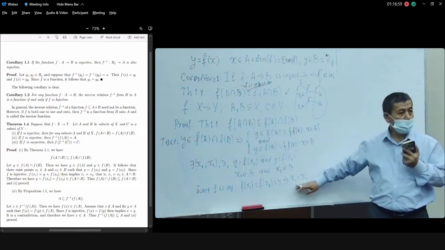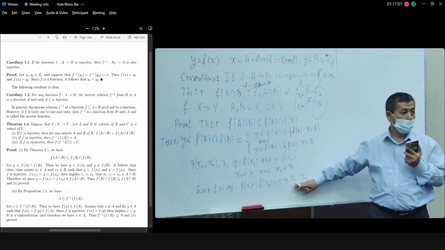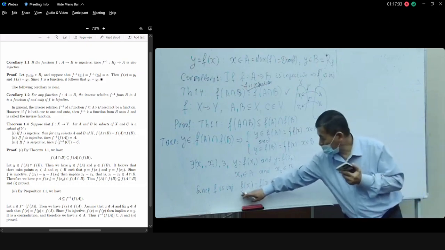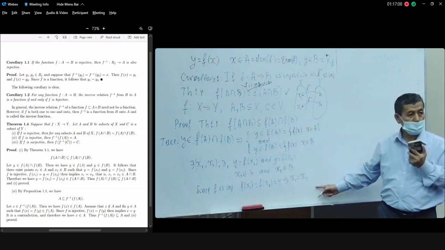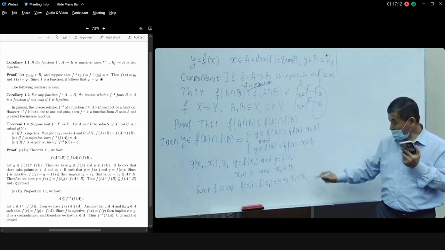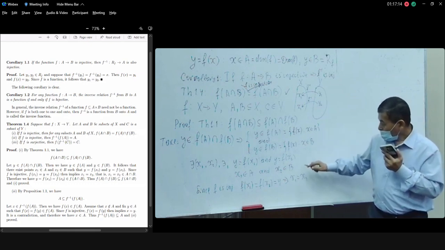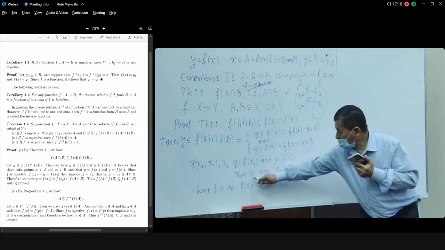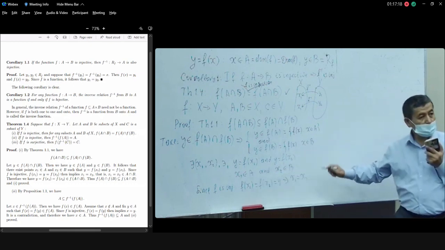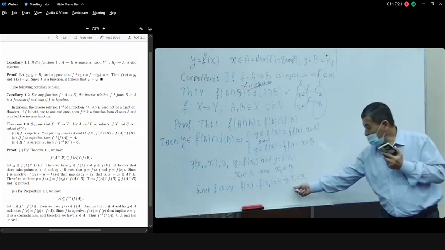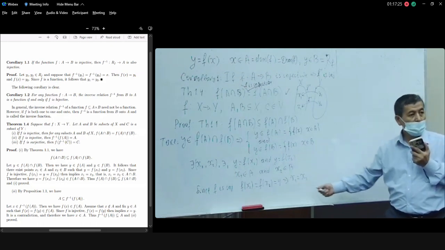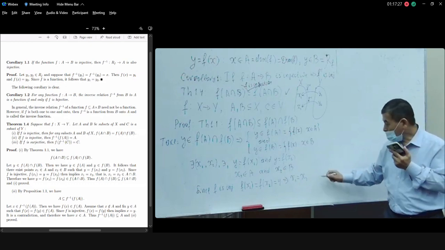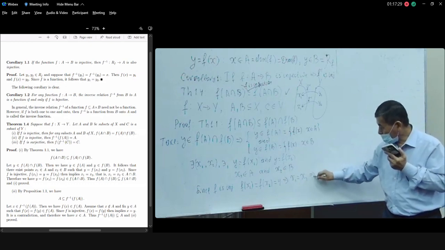This is very correct, nothing wrong, since f is injective. Now look, the interesting point is here. Here I say x1 is from A, x2 is from B. But because of injectivity, x1 and x2 should be equal.